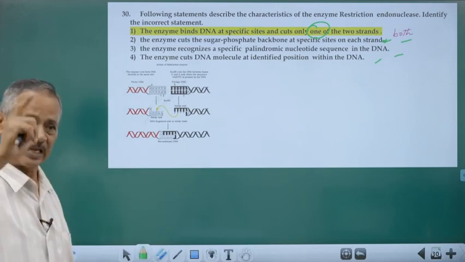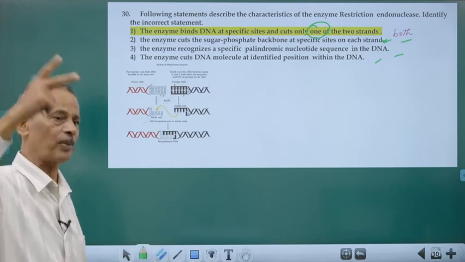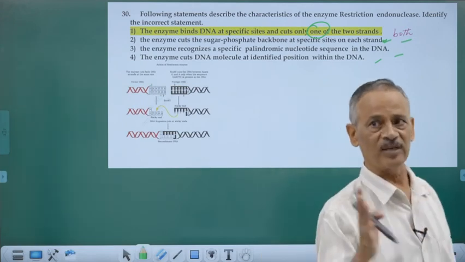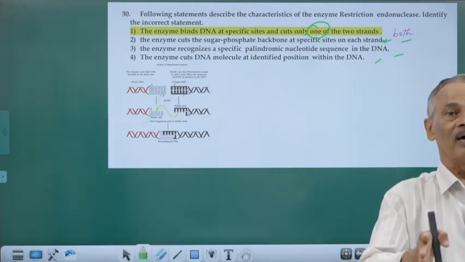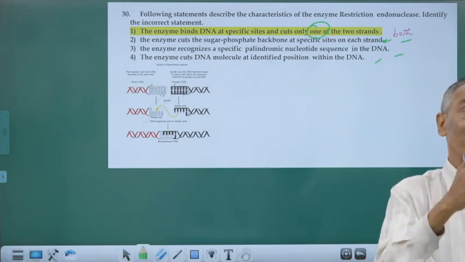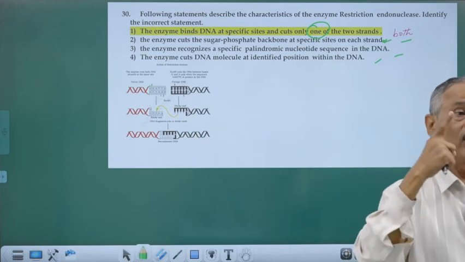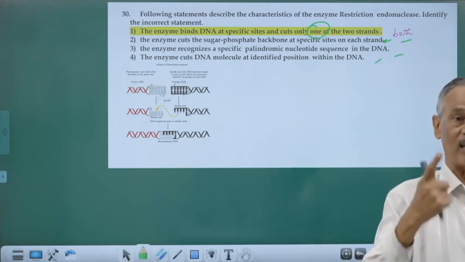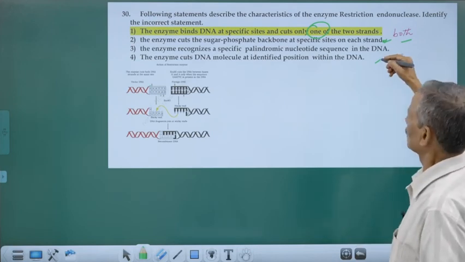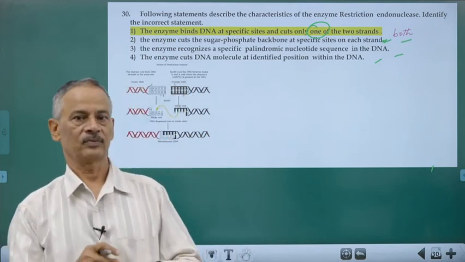They recognize a specific site, called a palindromic site, which is specific for a particular enzyme and usually has 4 or 6 nitrogen base sites. And within that recognition site, they cut in a specific fashion. There is even a specificity where they cut between the first and second, or second and third, like that. Clear? So the first one is the wrong one. Clear?